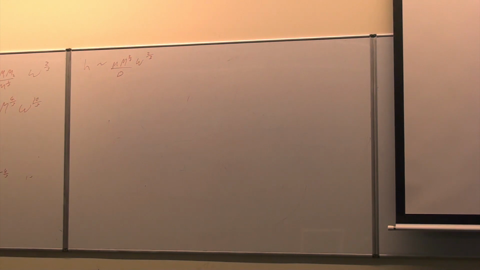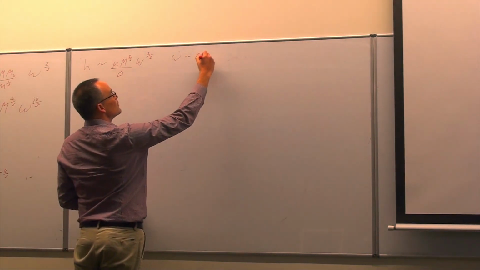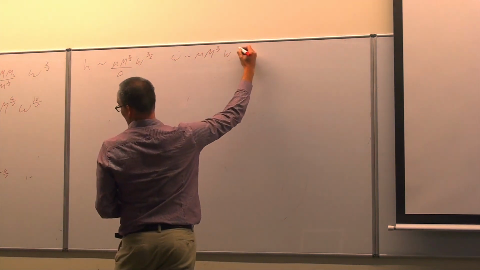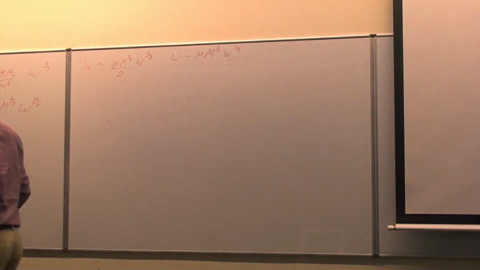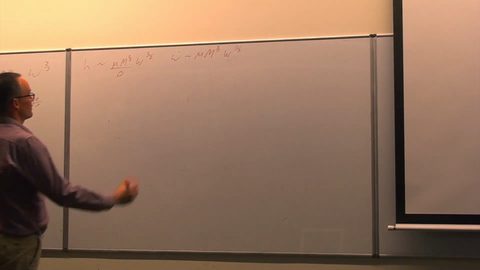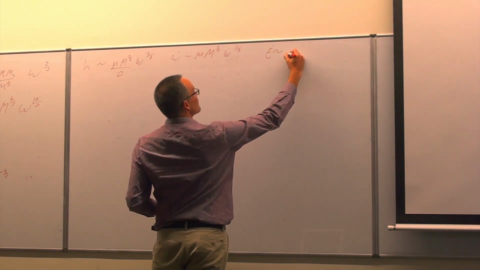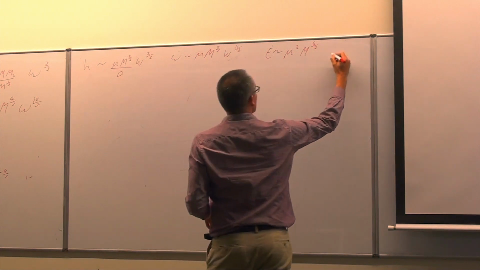And we have omega dot scales like mu m to the 2/3 times omega to the 11/3. And we also have E dot scaling like mu squared m to the 4/3 times omega to the 10/3.